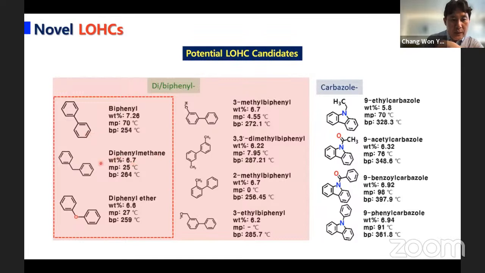We chose diphenylmethane. The difference between these two molecules is that here the rings are directly connected, and here there is a CH2 bridge. Because of that CH2 bridge, the gravimetric hydrogen storage density is a little bit decreased, but the melting point is much lower compared with this.